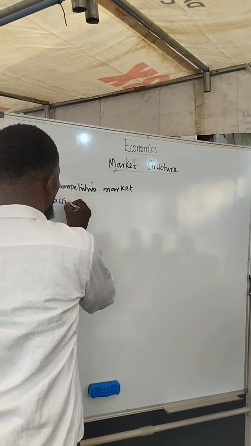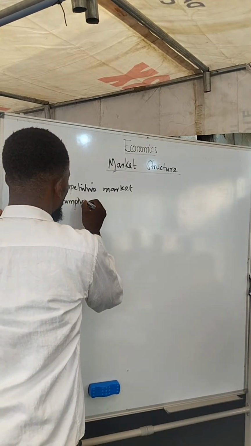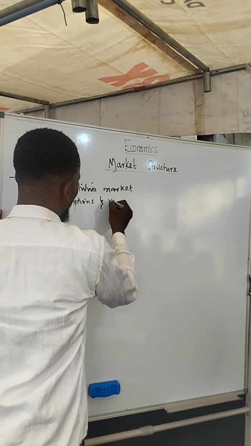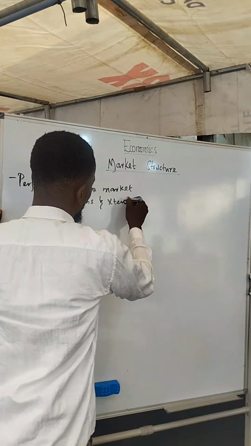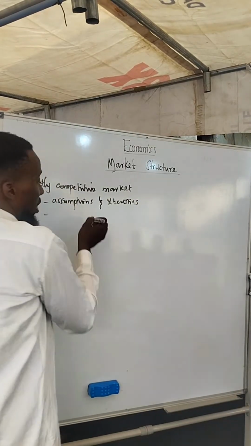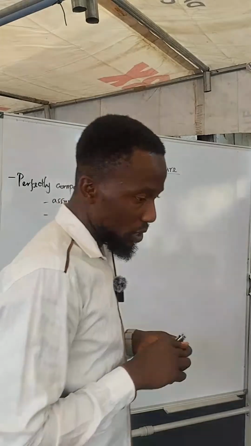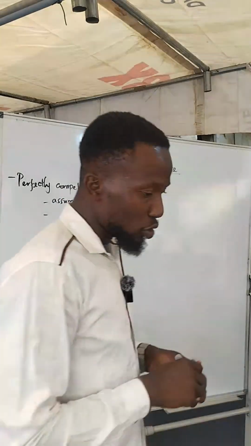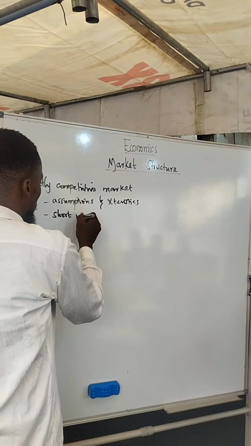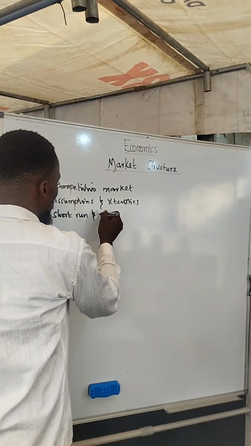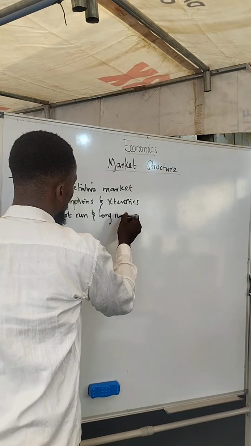Assumptions, that is the first thing we need to know under this. Assumptions and what? And characteristics, don't forget characteristics. The next thing that we need to see is the short run and long run equilibrium. All these are very important. Short run and what? Long run equilibrium.